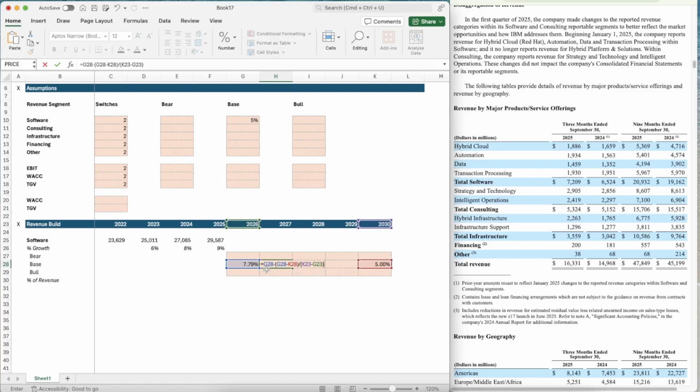So leave it like nothing on G28, nothing on this one, but we want the K to be locked in. We want the column to be locked in, but not the row, because we want it to dynamically update as we go down.